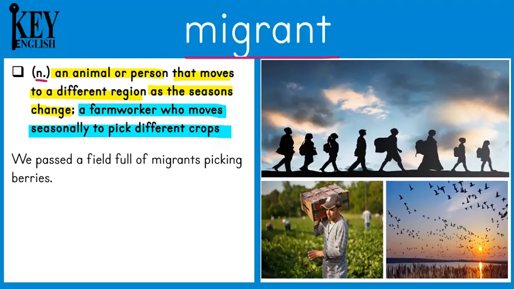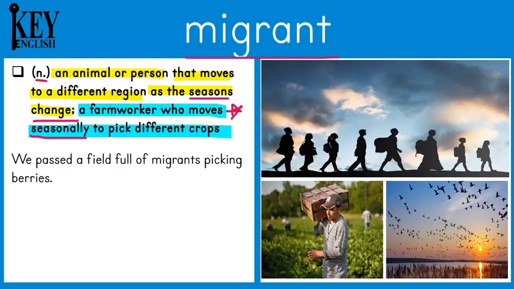So, the important thing about the word migrant is that it is based on the season. So, it's people or animals that are moving because of the season. And a lot of times we use it to talk about specifically farm workers who are moving to different places because of the seasons in different places.